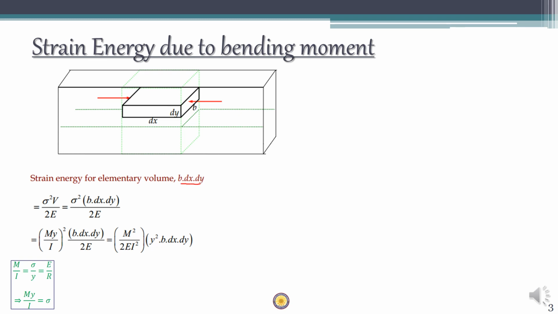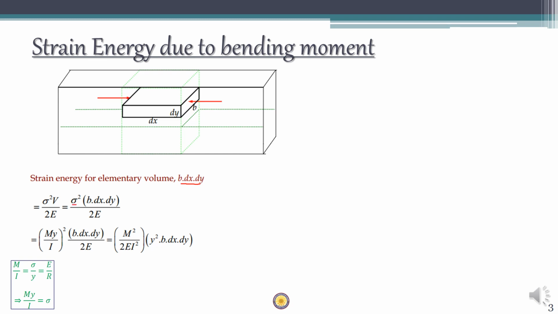From previous lessons we already know that the expression for strain energy is nothing but sigma square by 2E multiplied by volume. We use that same expression here also, sigma square multiplied by V divided by 2E, right? So here volume is B into dx into dy, and what is sigma?